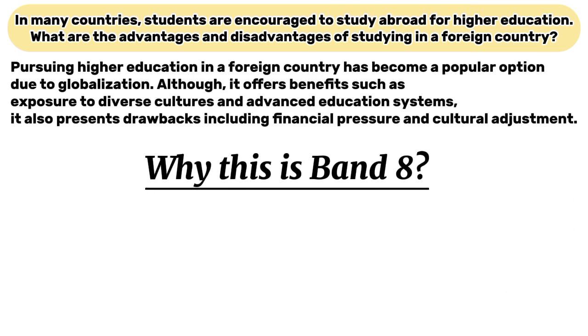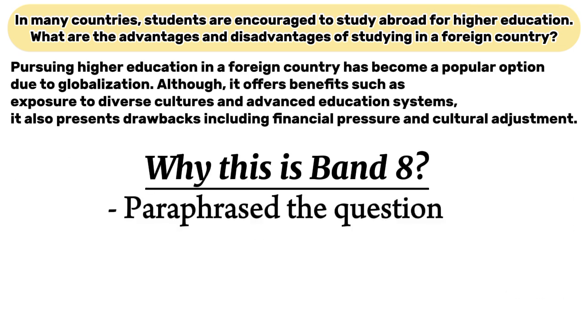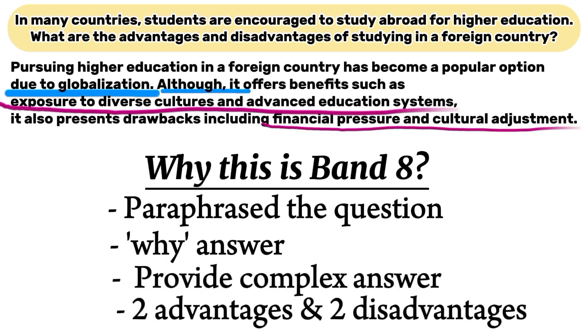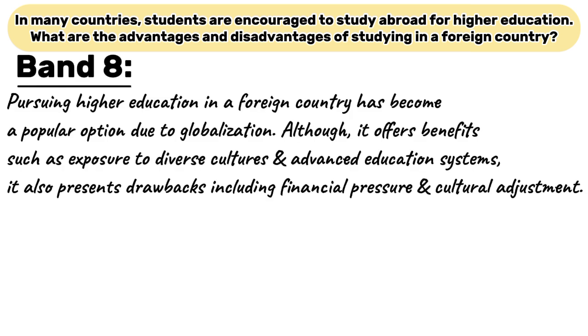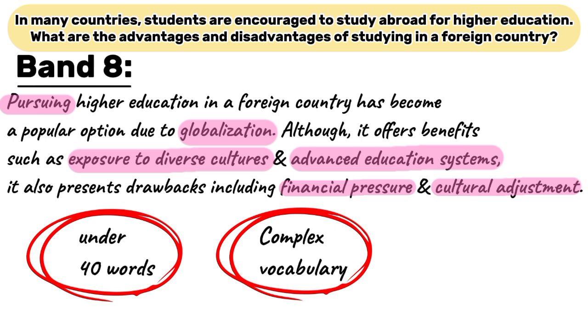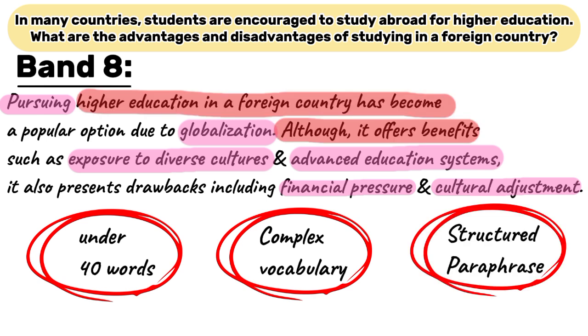Why is this band 8? Because we paraphrased the question, we give the why answer, we give a complex structure, and we provide 2 points each to support the line. This final answer of the introduction consists of under 40 words with complex vocabulary and paraphrasing. This is a perfect band 8 answer.